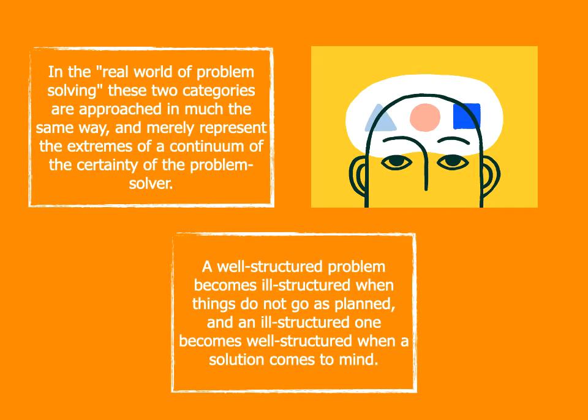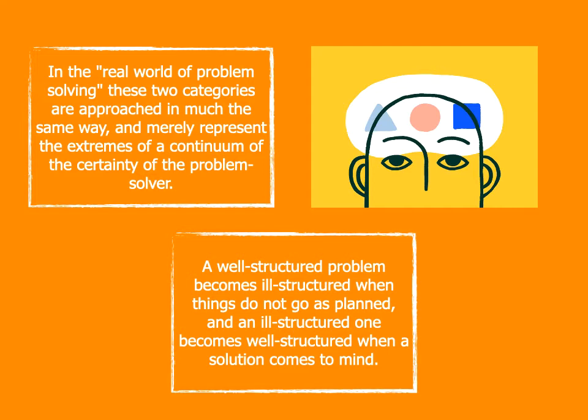So those are ill-structured problems. Now, before we delve into these two, in the real world of problem solving, in our day-to-day problem solving dilemmas, these two categories are approached in much the same way actually, and they merely represent the extremes of a continuum of the certainty of the problem solver.